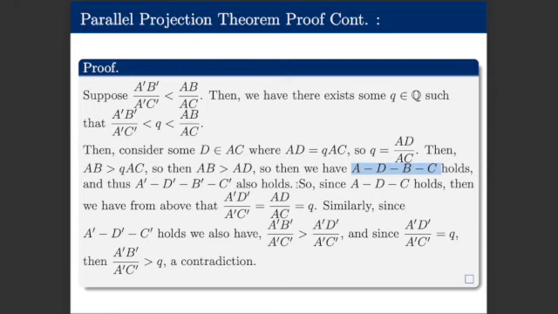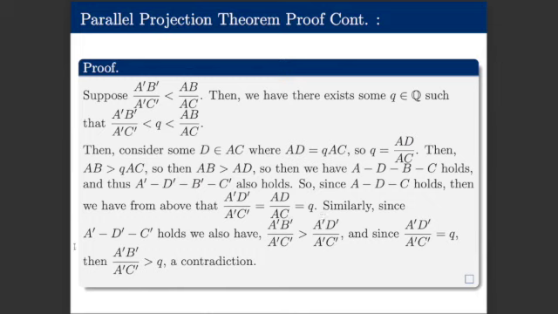So then we take a step back. Since A-D-C holds, then as we had defined above, A'D' over A'C' is equal to AD over AC. And again, we know that our Q is equal to AD over AC.